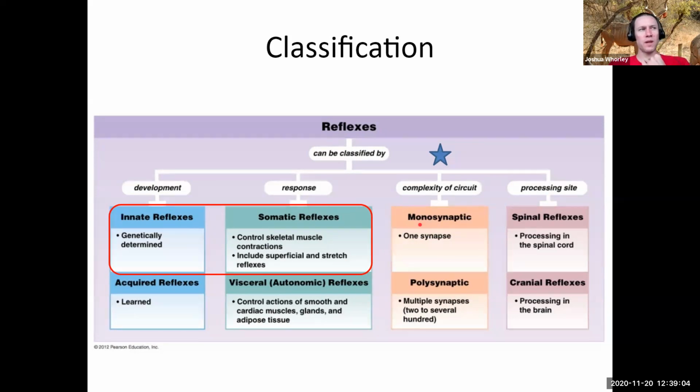And that just means that, no matter the strength of the stimulus, the response has always got to be the same in order to keep our bodies healthy and maintaining homeostasis.